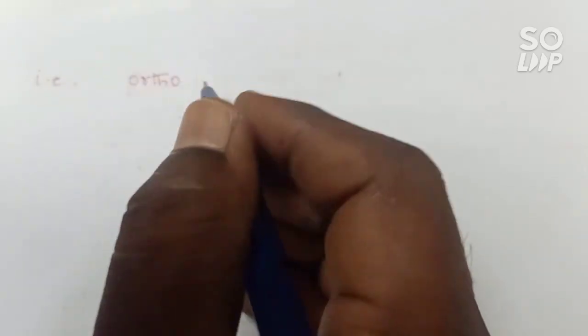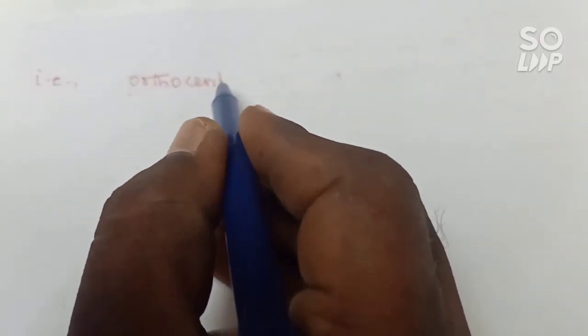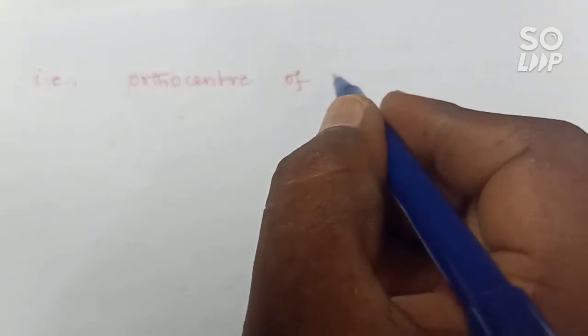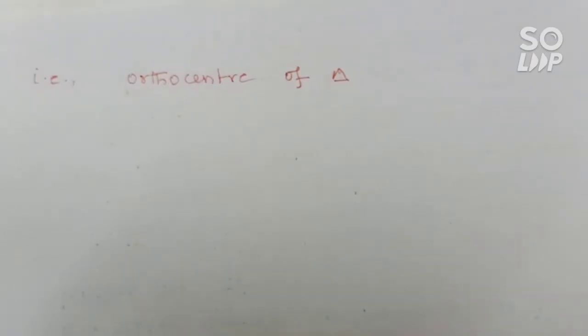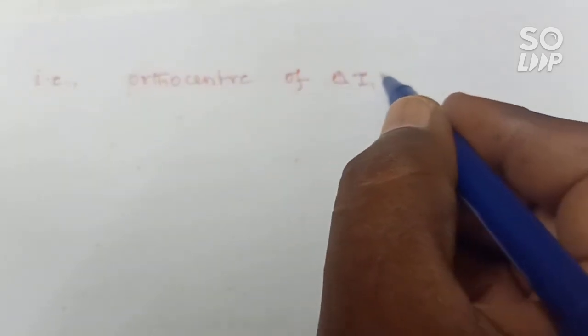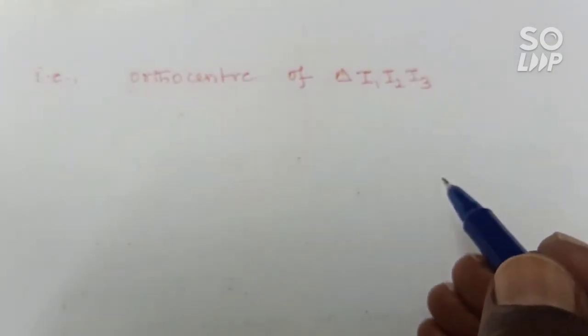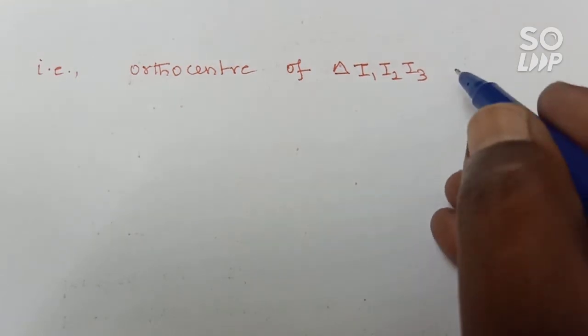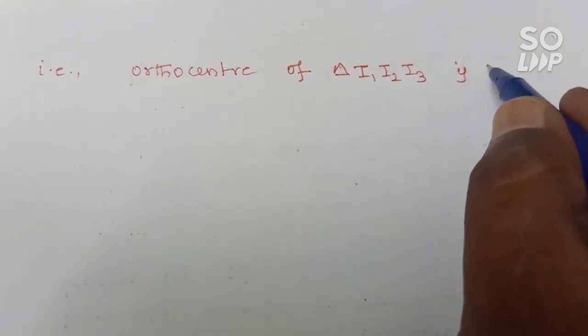That is, the orthocenter of triangle I1, I2, I3 is I. What is meant by I?